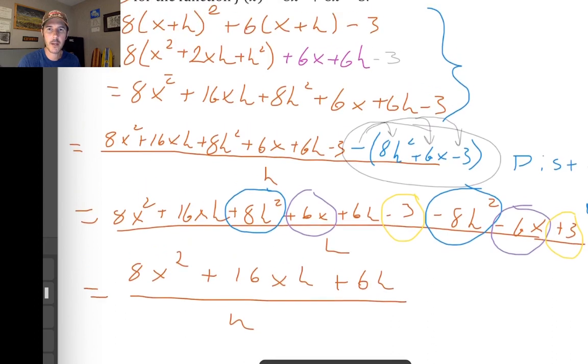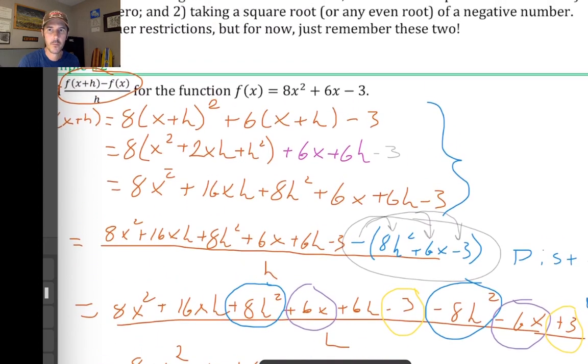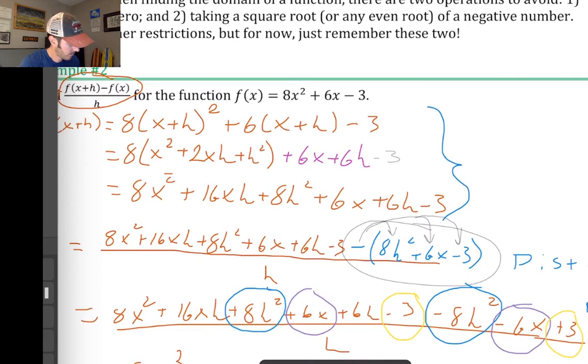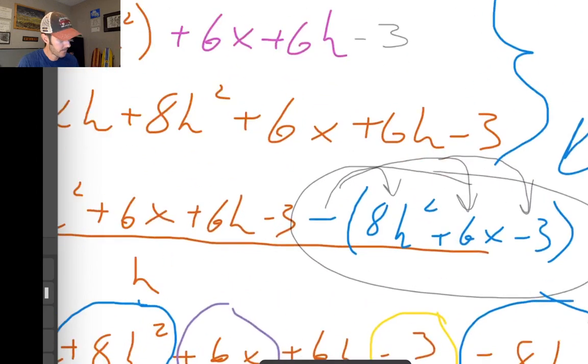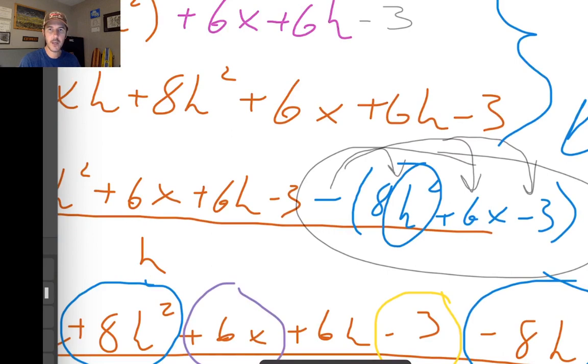The mistake that I made is, if you look in the top left corner of your screen, the thing that I circled there is called the difference quotient, and in the numerator it says minus f of x. And we talked about the fact that this is f of x. And then when we plugged this into the difference quotient, I wrote it down here, except I wrote minus 8h squared.